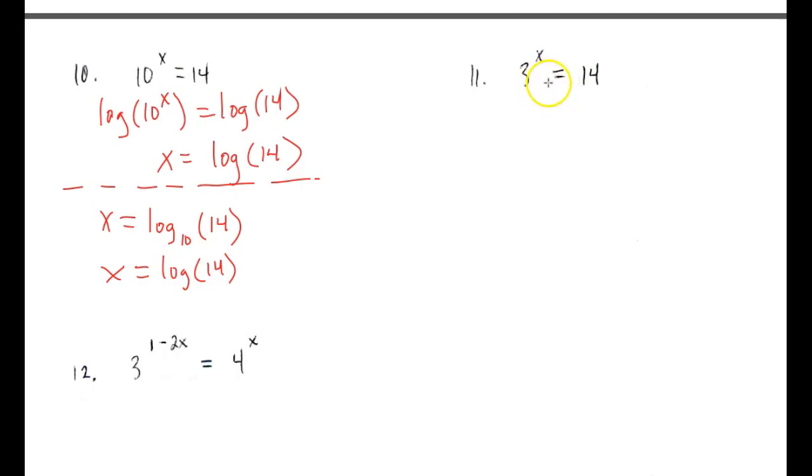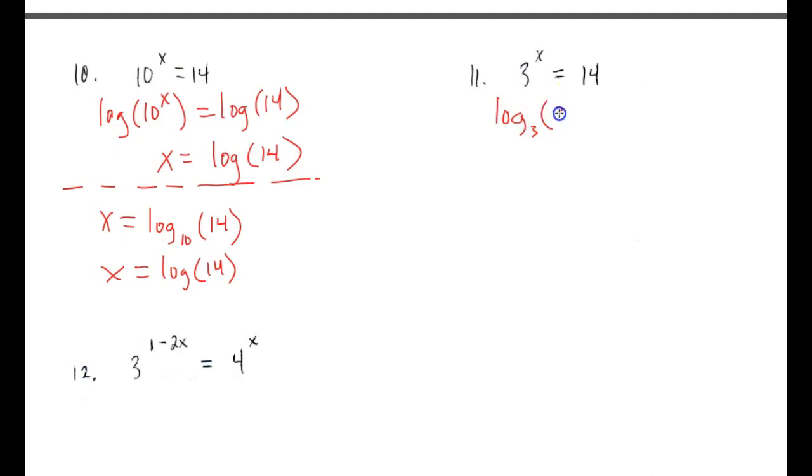Now for number 11, as you see, it's very similar to number 10, but what's different about it is this. Here, in order for us to be able to do it like how we've done here, we would have to do log base 3 of both sides.